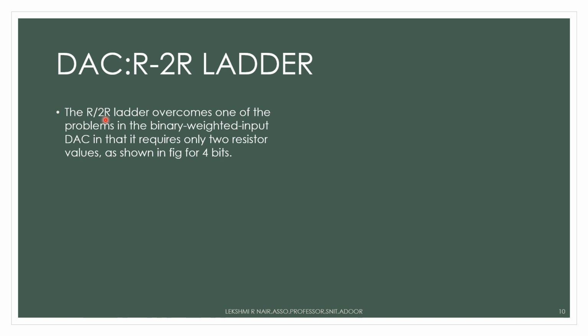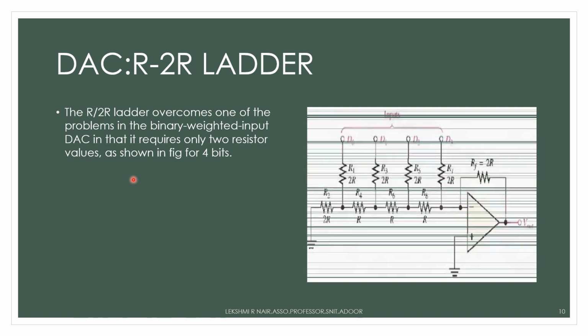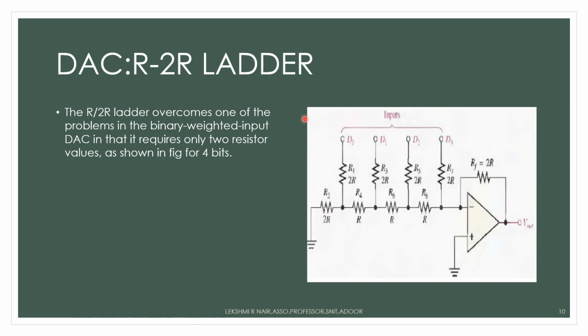But in case of weighted resistor, we need a variety of resistor values. So this is the advantage of R2R ladder type compared to weighted resistor type. R2R ladder type requires only two types of resistors, whereas weighted resistor type requires a variety of resistors. This is the diagram of R2R ladder type digital to analog converter.